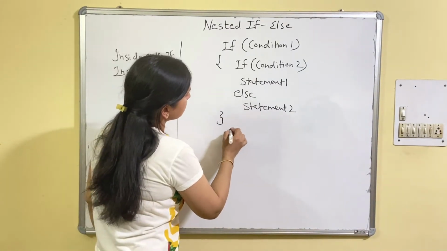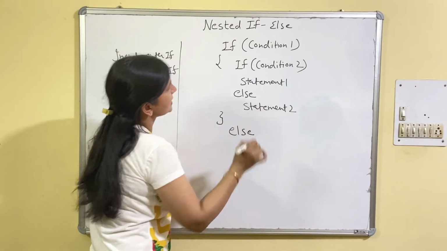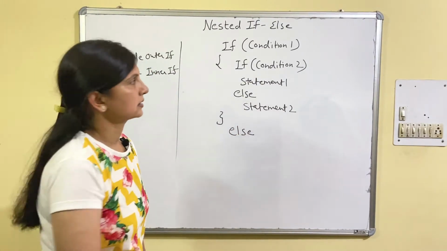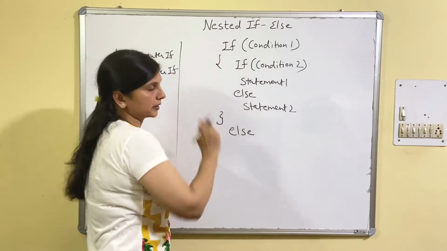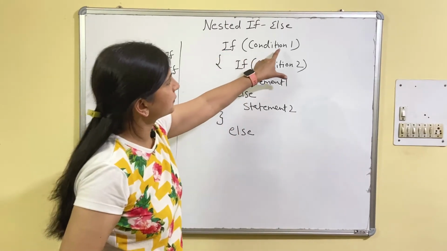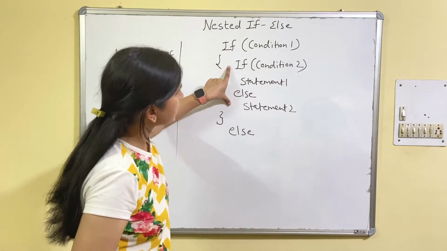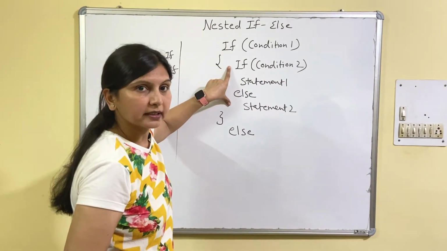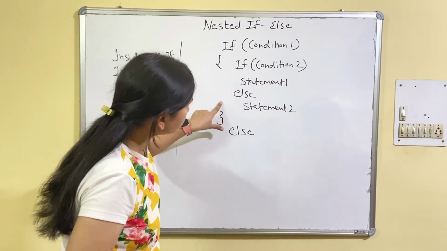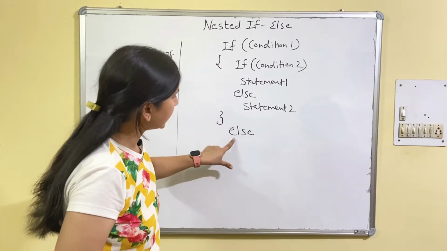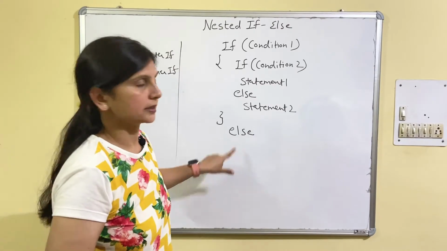Now this is else. This is the else of this outer if. If condition 1 is true, then it will execute this inner part. If condition 1 is false, then it will skip all this block and directly come to the else part.